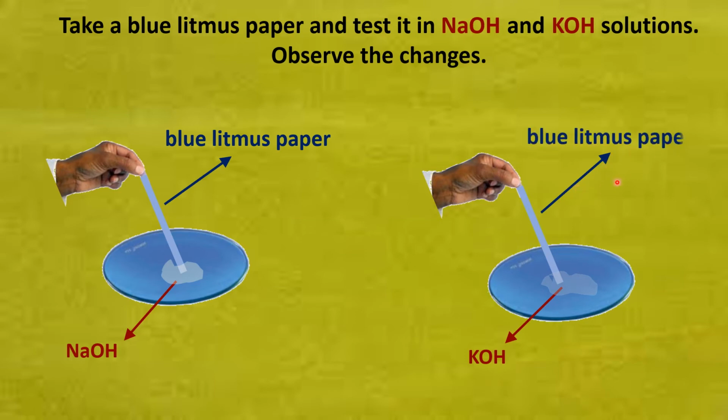Here also we are observing that there is no change in the blue litmus paper. It is remaining as it is. So sodium hydroxide and potassium hydroxide solutions turn red litmus to blue, whereas they will not respond to blue litmus. Now we'll see for the other two solutions.